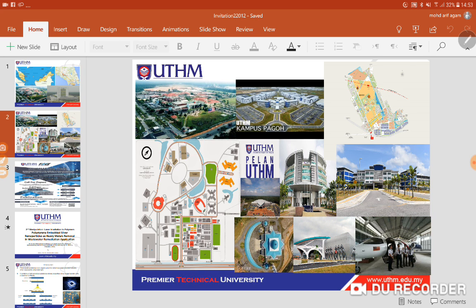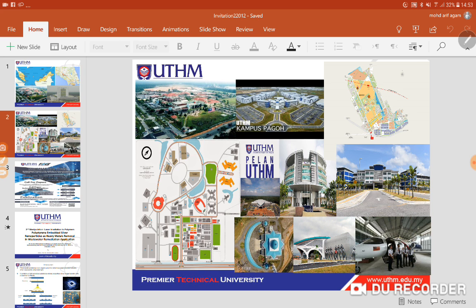The old campus is at the far bottom corner, while at the top part are the new facilities, installed I think in the last 10 years. And now we have a new campus in Pagoh. You can see the map of the new campus.